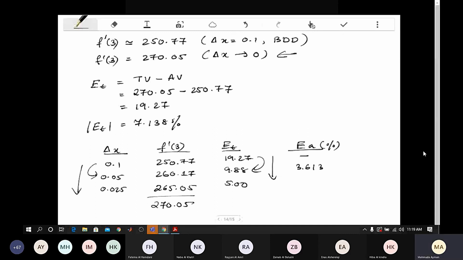So we'll take the present value 265.05 minus the previous value, which is 260.17, and we'll divide it by the present value, which is 265.05, and then multiply it by 100, and that will give us 1.84%. So here we have 1.84%.